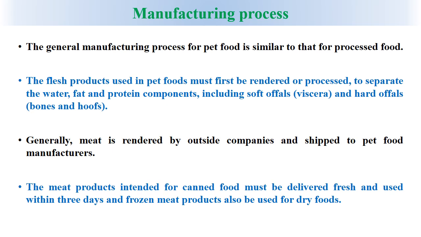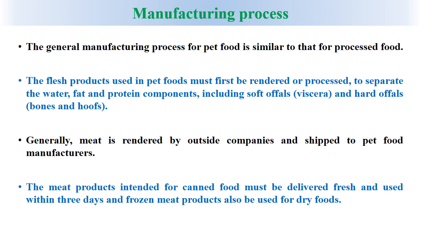The flesh products used in pet foods, that is the meat origin foods, must be prepared separately by rendering. Rendering is a special technology for byproduct processing I have discussed earlier. All the proteinaceous component, fat or offals need to be processed, from which we can get the meat meal, bone meal or blood meal, and that will be added as an ingredient in pet food processing.